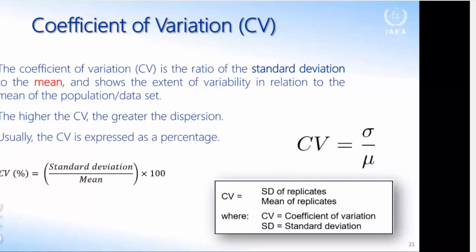And usually the coefficient of variation is expressed as a percentage. So as we said, you can see on this equation, it is the standard deviation divided by the mean value of the data set, multiplied by 100, of course, to obtain the percentage.